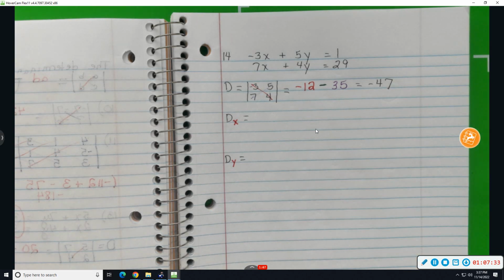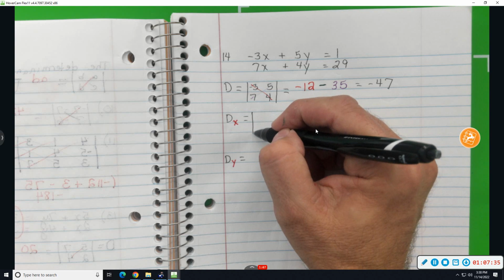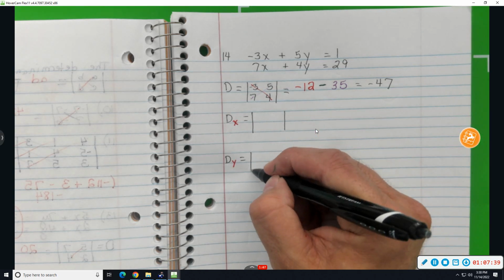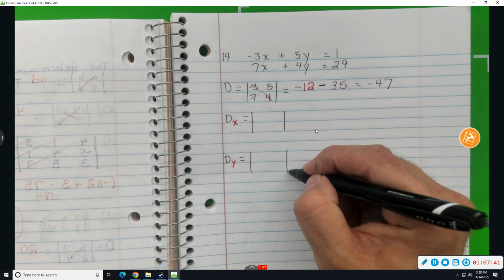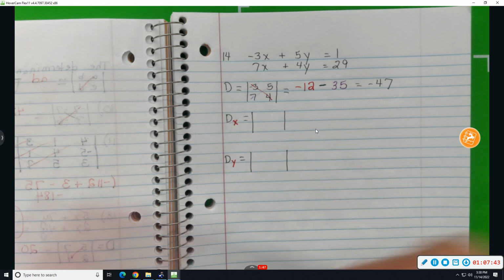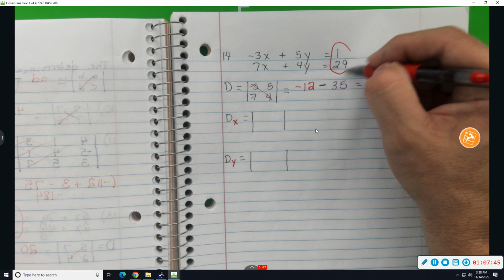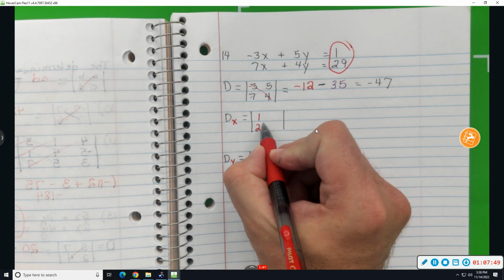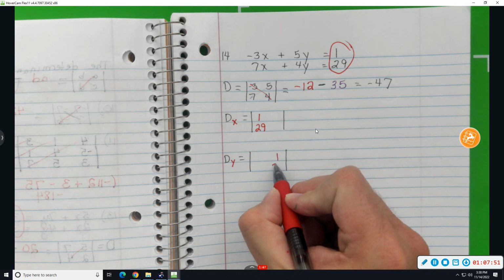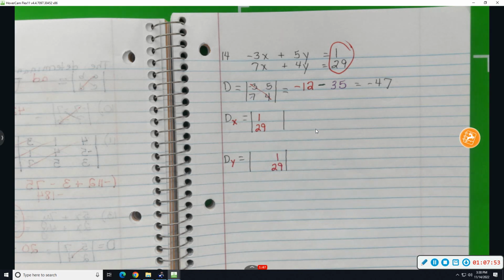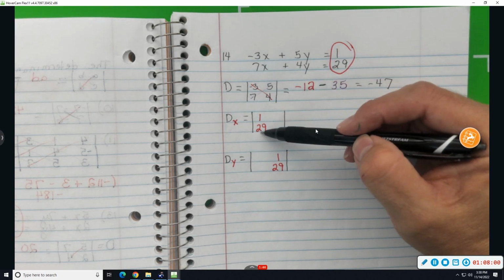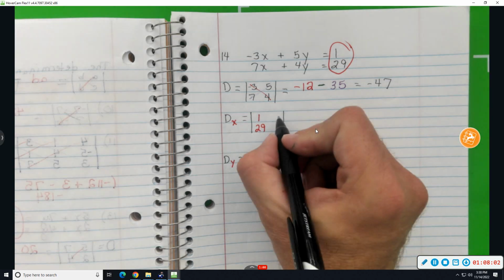Now to find the ones with the subscript, whatever the subscript is, that's the column that gets replaced with the constants, the 1 and 29. Like right here, the x column gets replaced with it. Over here, the y column. So I'm replacing the negative 3 with 1 and 29, and then we have a 5, 4.